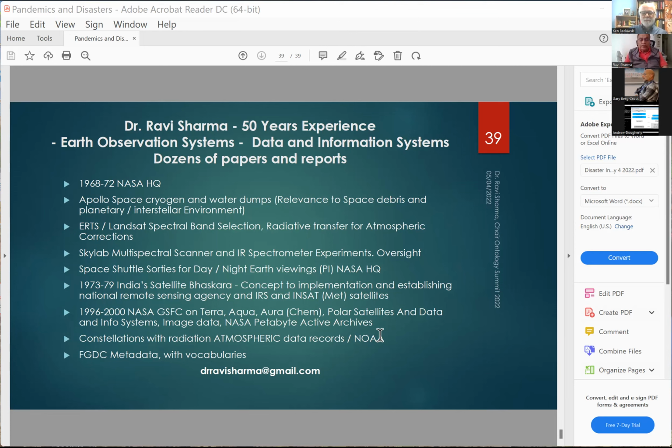The downlink data is available to anybody who can create an Earth station of their own. For example, for ERTS 1 and 2, I set up a large, I forget how many feet, probably 60-foot diameter dish with tracking capability to receive Landsat data.